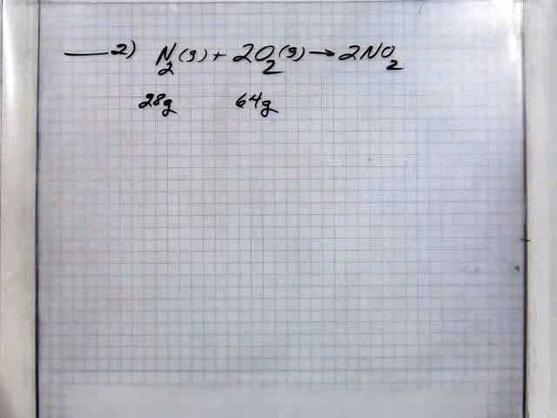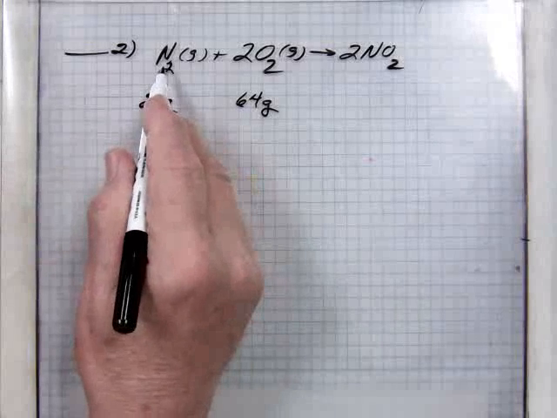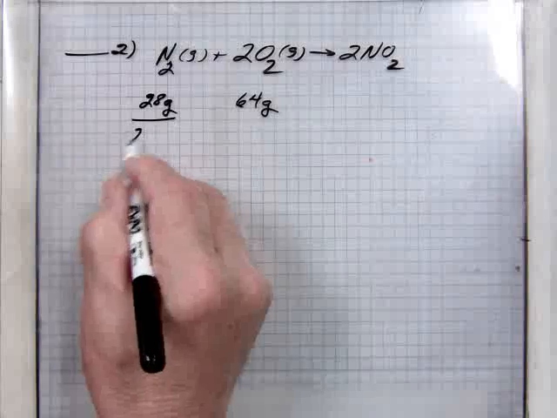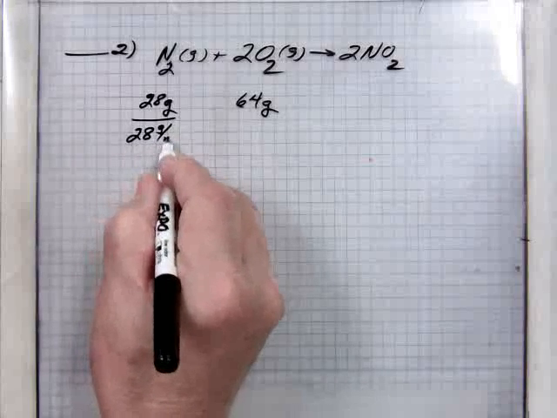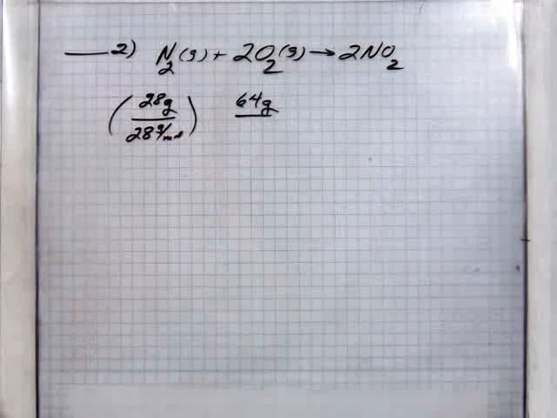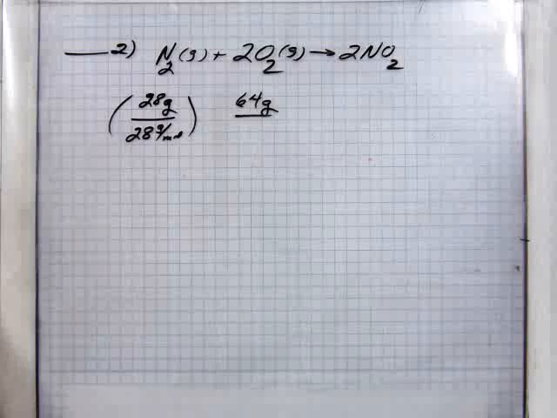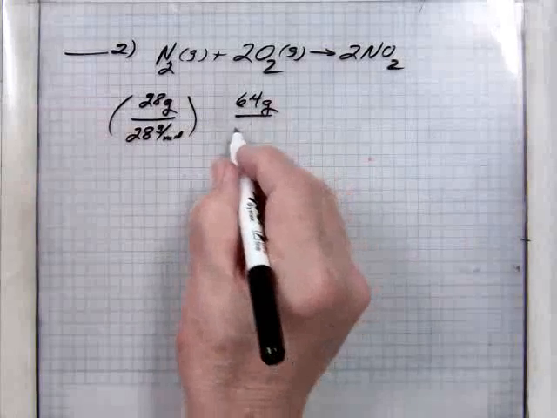Now what's the rule? Convert to moles. And since this is grams, how do we get there? Divide by formula weight. So nitrogen is 14 plus 14, or 28 grams per mole. And oxygen is 16 per atom, so that is 32 grams per mole.